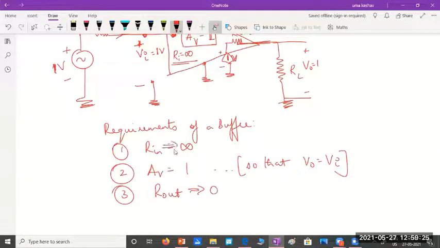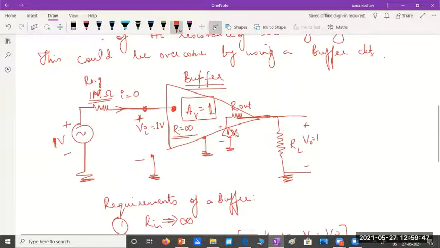Let me say input impedance should tend to infinity or be approximately equal to infinity. Output impedance should approximately tend to 0. Then output voltage will be equal to the input signal voltage, or whatever AV times VI which we have here. So in an amplifier, this point is AV times VI.